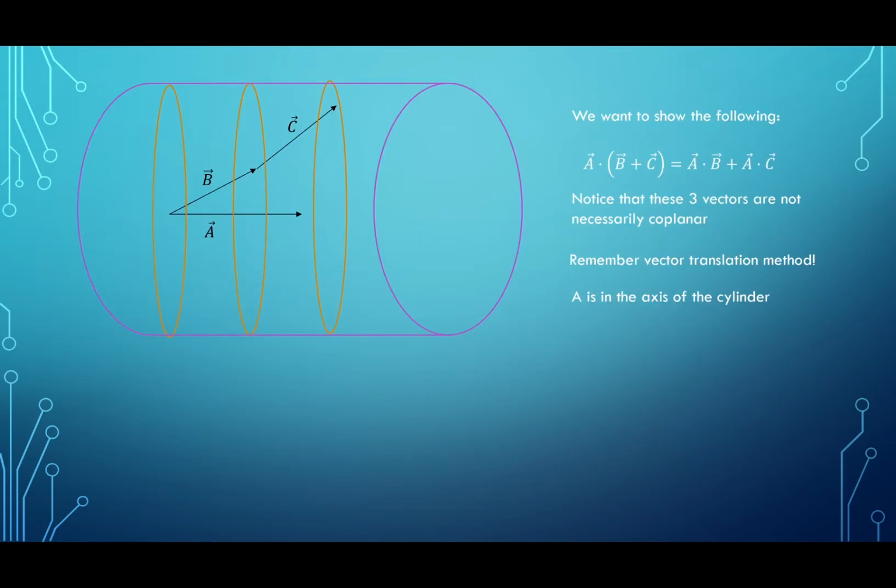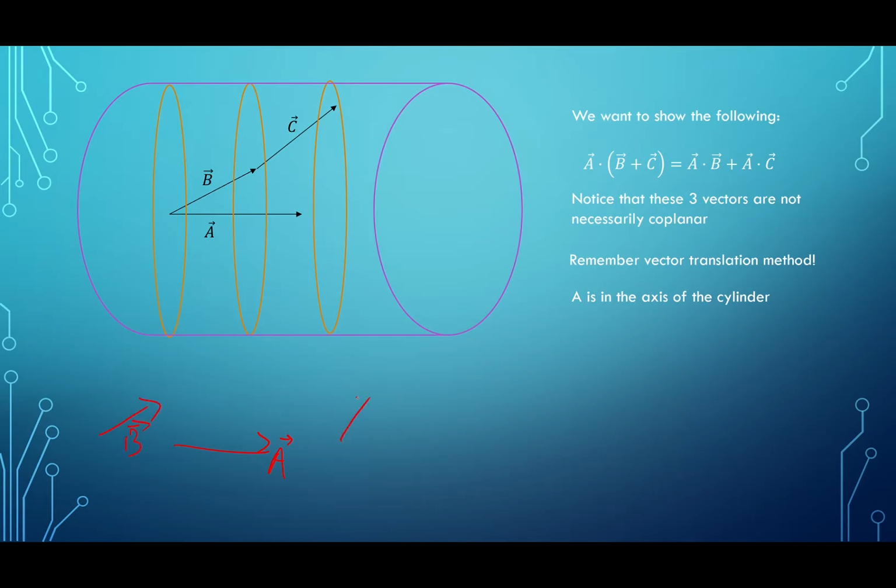Okay, so this is the proof. Imagine that we have three vectors here, a, b, and c. In diagrams you might have a, b, and c spread out in space.